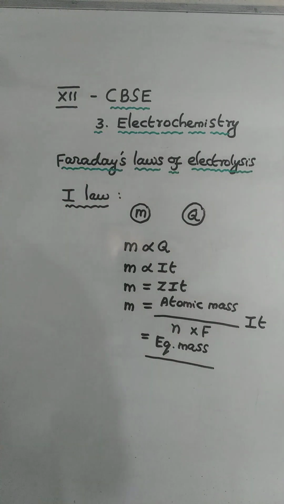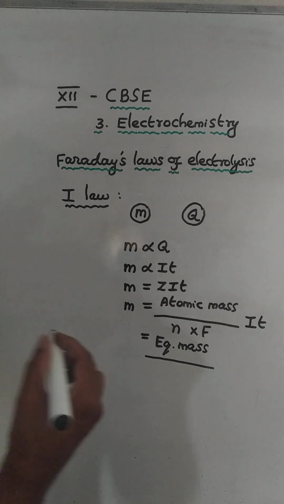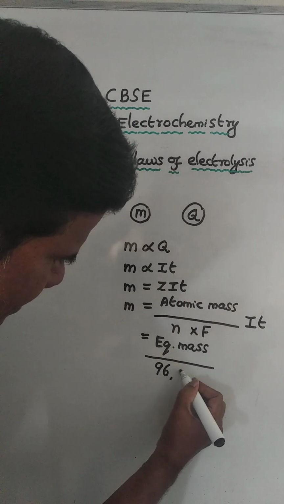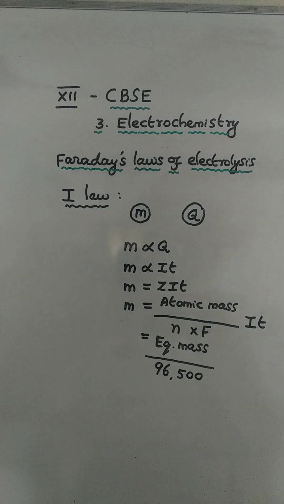divided by F. 1 Faraday is the quantity of electric current needed to deposit 1 gram equivalent of any substance. In Coulomb, 1 Faraday is equal to 96,500 Coulomb.